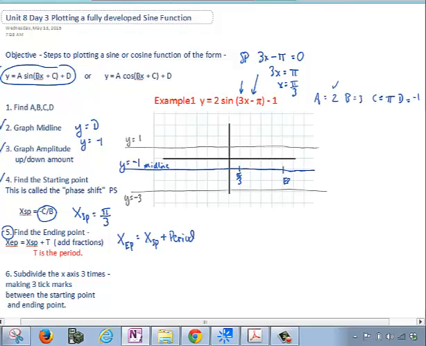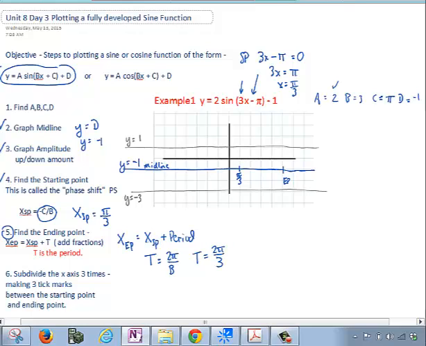The period is the amount of time, if this were a time-based function, to go through a full cycle. We calculate the period as 2 pi over our b value. Since our b value was 3, my period is equal to 2 pi over 3.